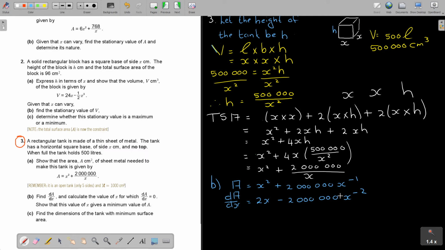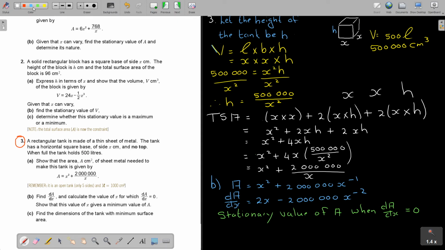So for the stationary values, value of A when dA over dx is equal to 0. So in the place, I'm going to put a 0.